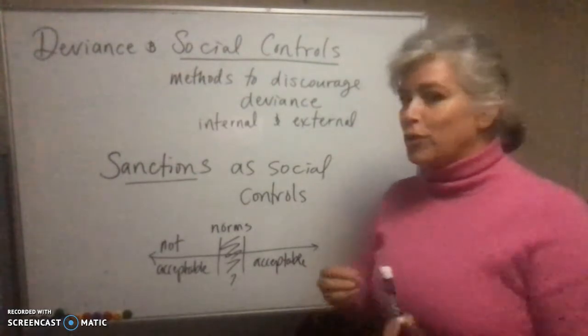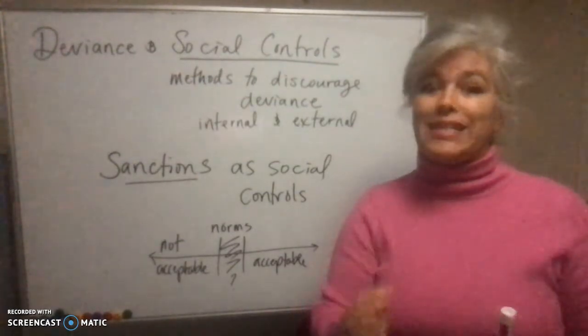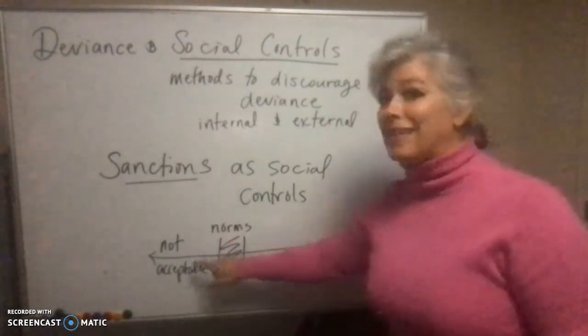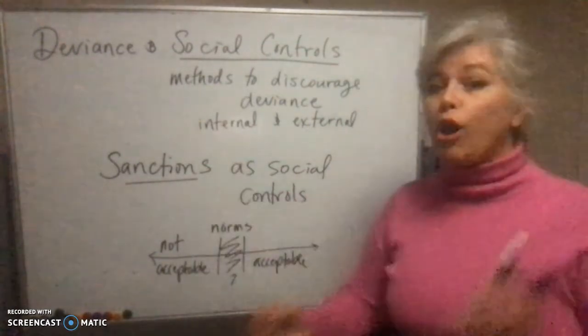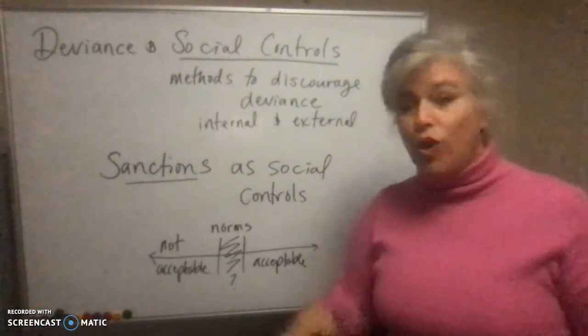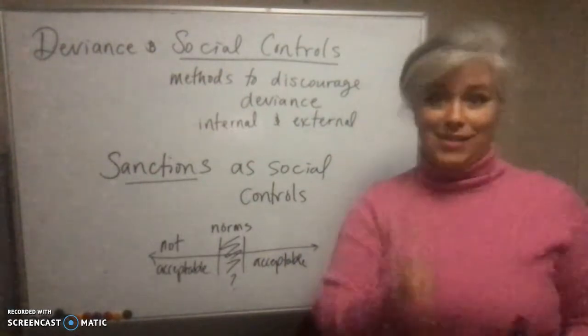But laws are a particular type of norm that is written down. So it's formal rules about what you can and can't do. And it's also formal punishments about what will happen to you if you go ahead and do it anyway, though the law says not to.